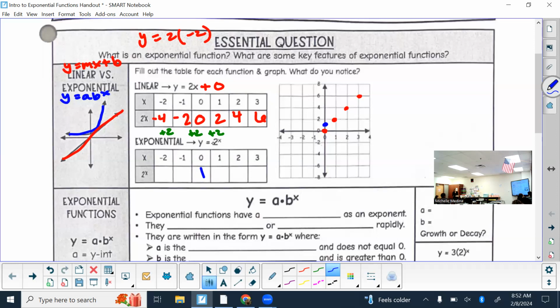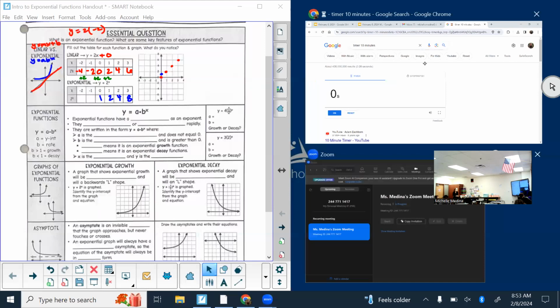Bella T, what's 2 to the first power? Jasmine, what's 2 to the second power? Nicholas, 2 to the third power. Okay, good. And then even I need a calculator for the one going backwards. So use a calculator for all of them, guys.